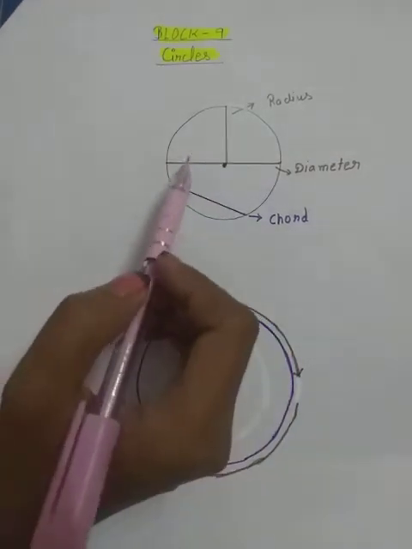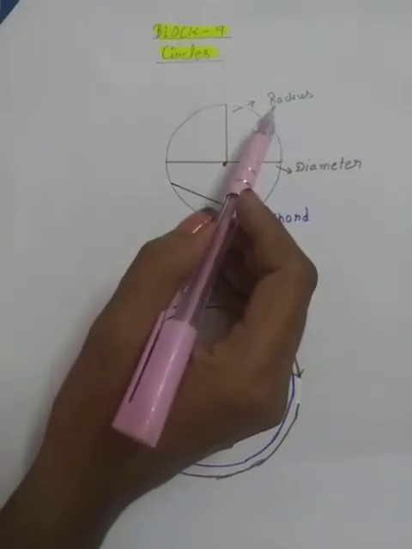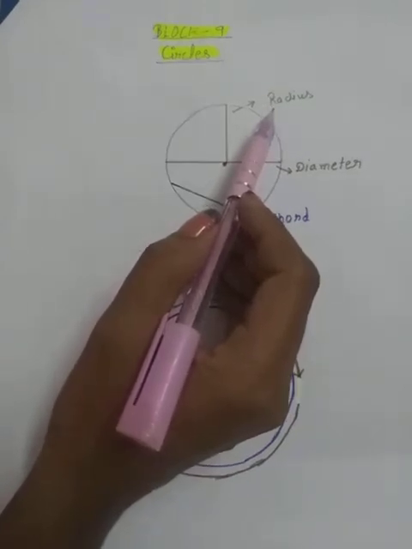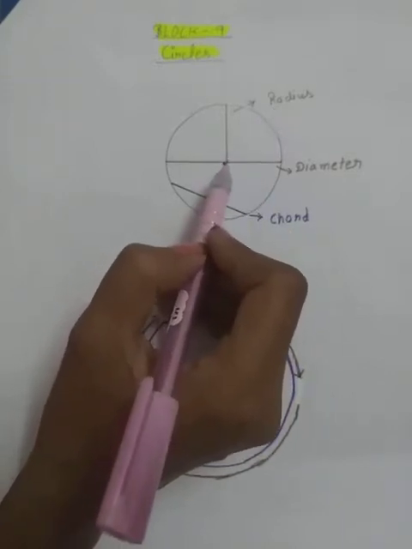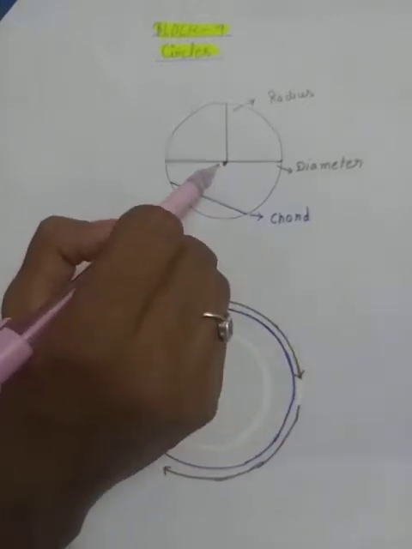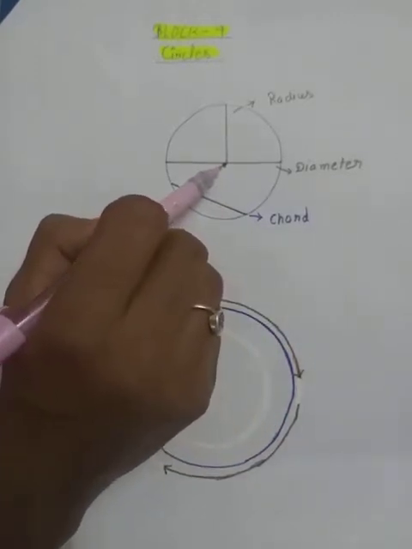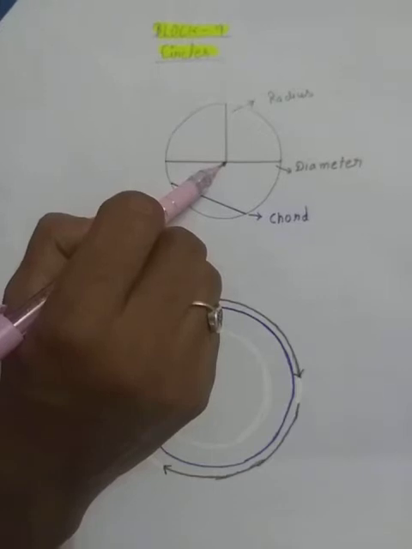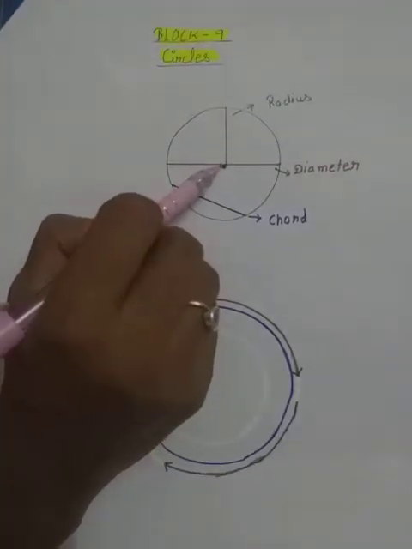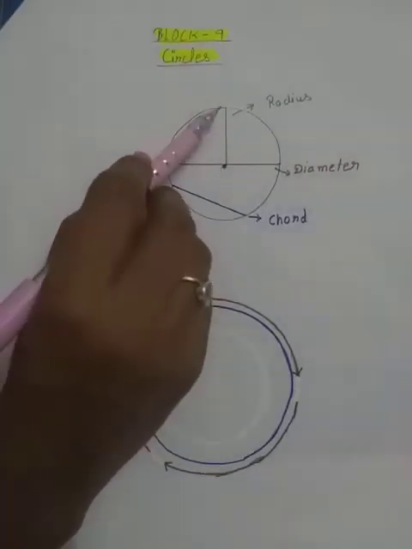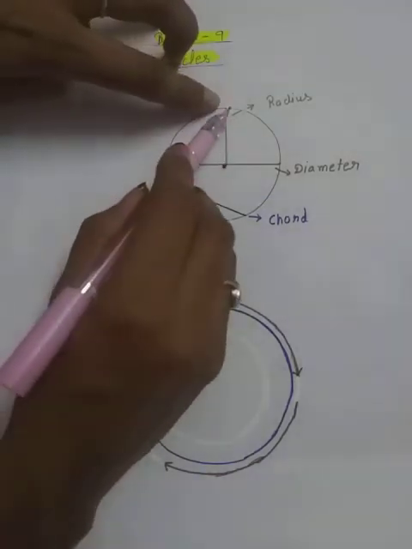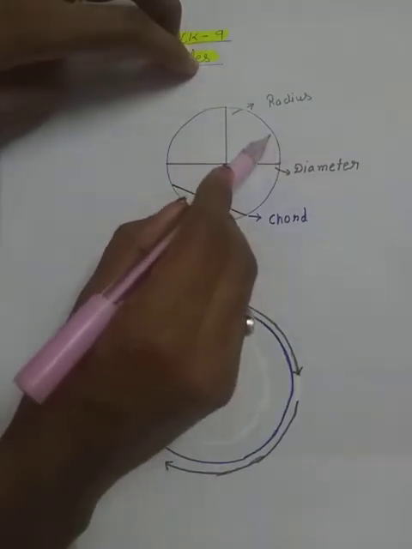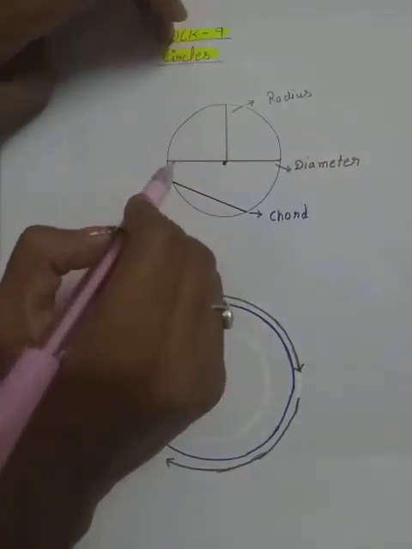In this we have the radius. What is the meaning of radius? The distance from the center. This one is the center. Now the distance from the center to the edge of the circle. This part is the edge of our circle.